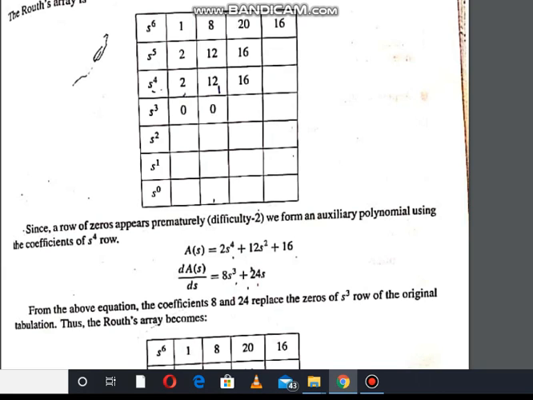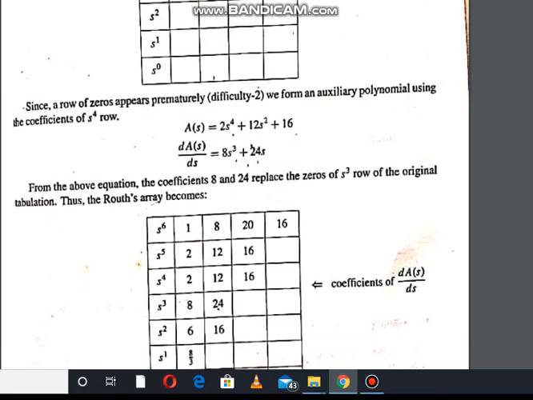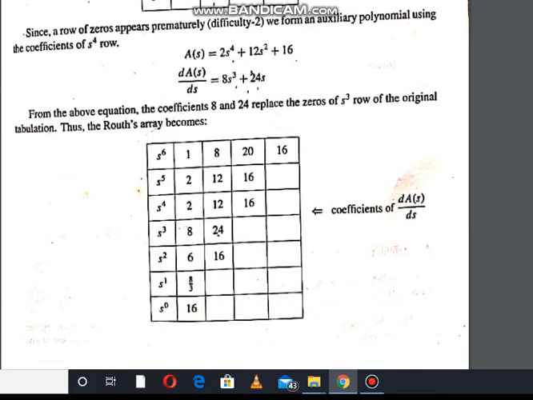Again we write the same Routh array, the s to the power 4 row is the same, and the s cube row is the coefficients of this polynomial. So the s cube coefficient is 8, the s to the power 1 coefficient is 24.